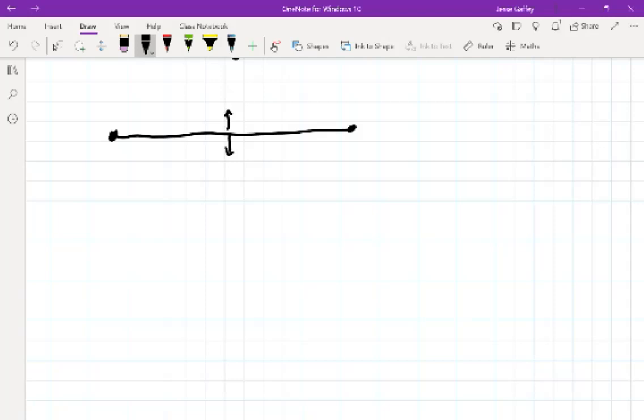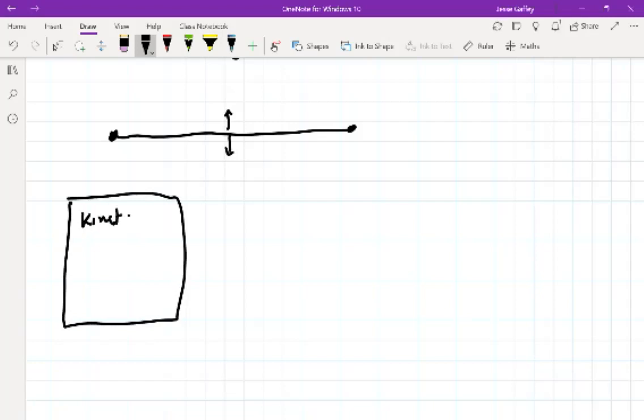Now, if it's vibrating, moving up and down, then we've added energy to the kinetic store of the string. So it's vibrating up and down, and I can hear it. It's making a sound. I can hear somebody has plucked it.